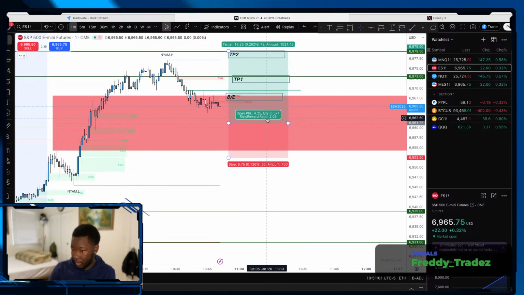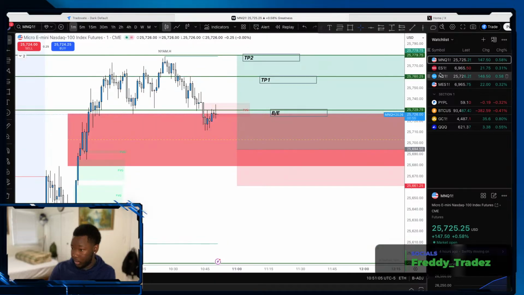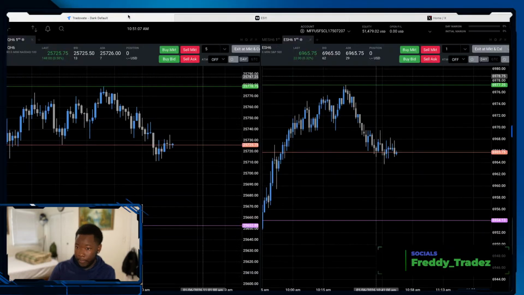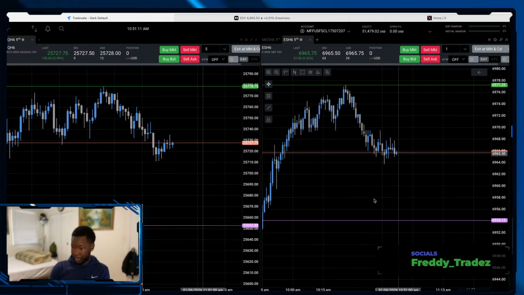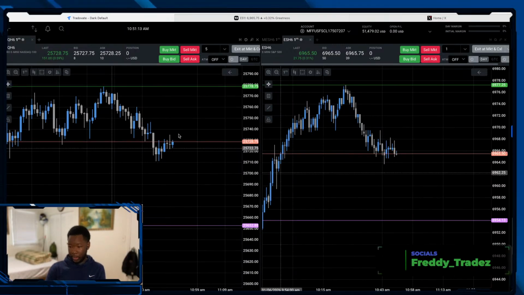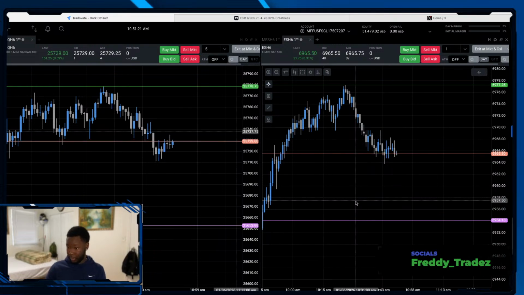So this will be the trade on ES. And this is the trade on NQ. When we get closer to the entry, I'll decide which one I'll be taking it on. Whichever one's stronger. As right now, I like ES more than NQ. Seems stronger on ES.